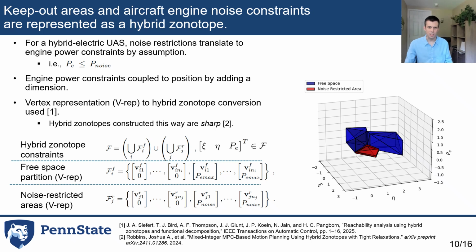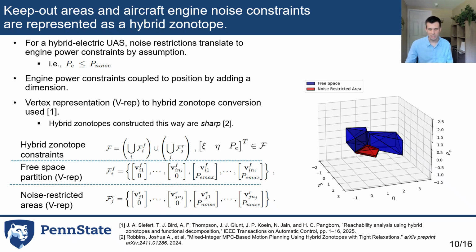We additionally represent keep-out area constraints and noise-restricted area constraints using a hybrid zonotope representation. So for the noise-restricted area constraints, we assume that in the case of a hybrid electric UAS, the noise restrictions translate to restrictions on engine power when the vehicle is operating in these areas.